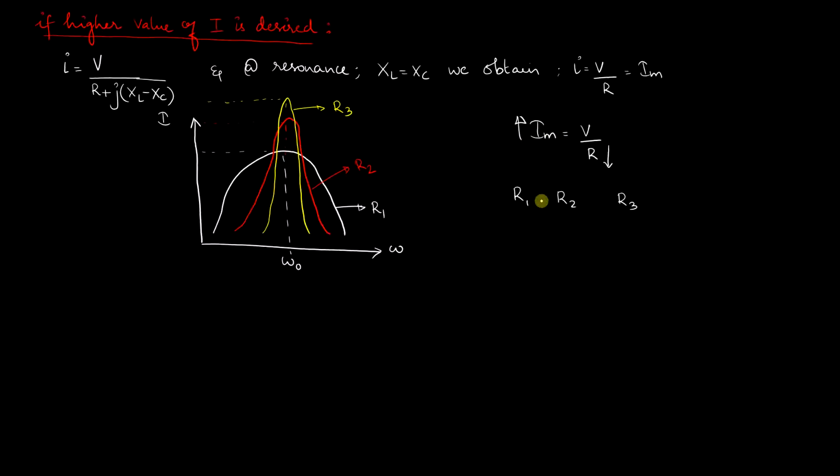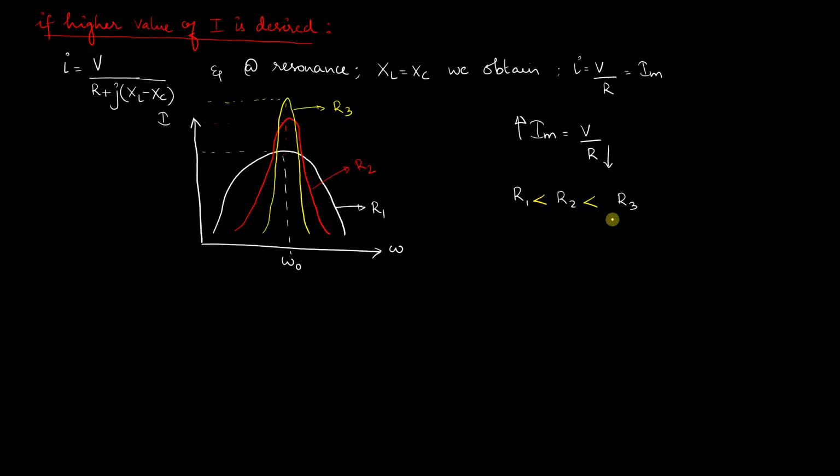So what is this relationship? You have resistance R1, you have resistance R2 and you have resistance R3. So the value of which resistance has to be greater? Can you tell me? It will be R1 less than R2 less than R3.